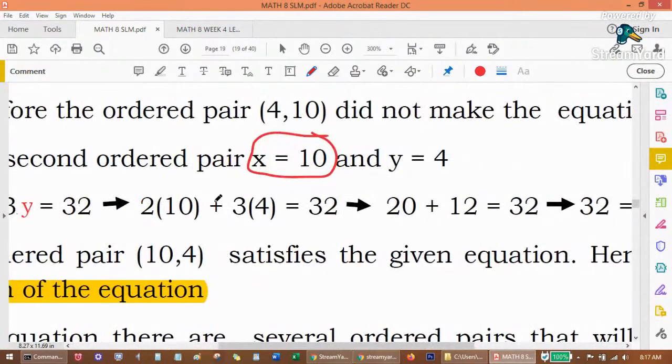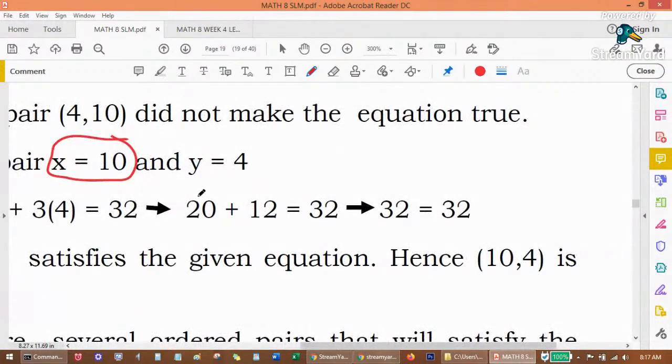So, kapag inoperate natin to, 2 times 10, magiging 20. Positive 3 times positive 4 is positive 12 equals 32. Okay? So, 20 plus 12 is equal to 32. So, the left side is equal to the right side.